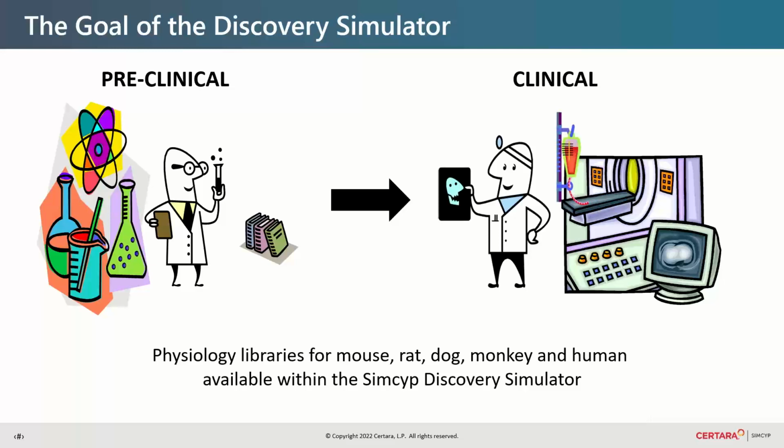And so, as Mark alluded to in his presentation, what we've done within the simulator is to make available physiology libraries for mouse, rat, dog, monkey, and human. And as I mentioned, you can customize these populations. So if you're interested in other species, it's possible to add those in as well.